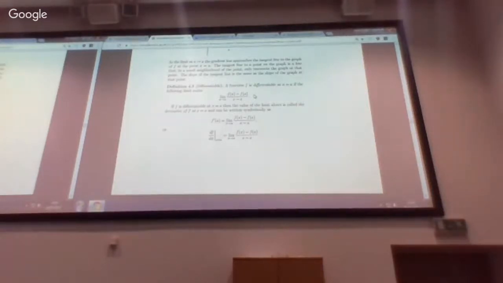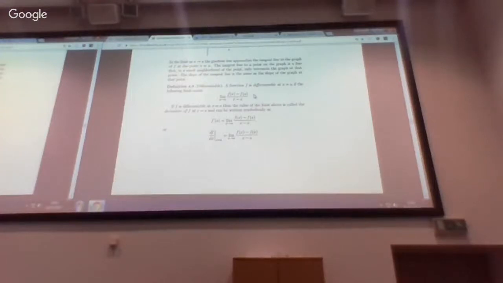How the change in value f of x minus f of a compares, as a proportion, say, of the change in value that you made to the argument of the function. So that's why it's f of x minus f of a over x minus a. We're looking for relative change in the value of the function between this base point A and another nearby point x.